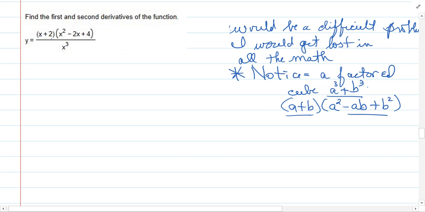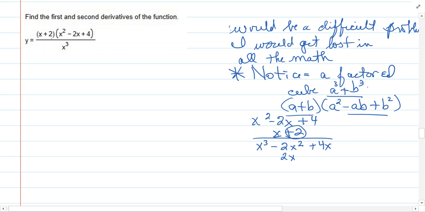Or we could use FOIL. Because if you're from Missouri, and that's okay, and I multiply by x plus 2, I would first do the x, right? X cubed minus 2x squared plus 4x. And now I'm going to multiply by the positive 2.